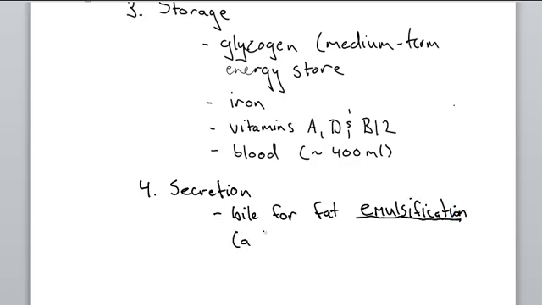Which is a form of what type of digestion? Mechanical or chemical? Is it actually breaking the bonds of the fat, or is it breaking it down into smaller droplets? You said mechanical. You are correct.